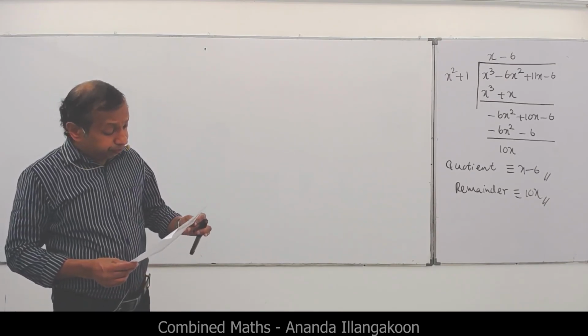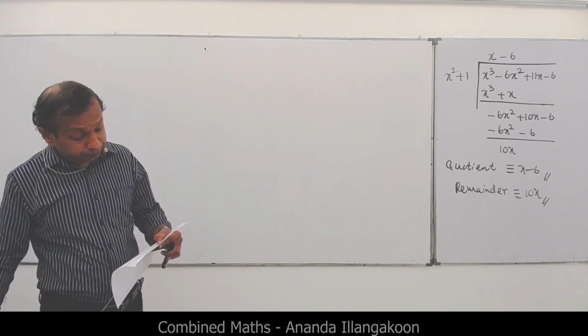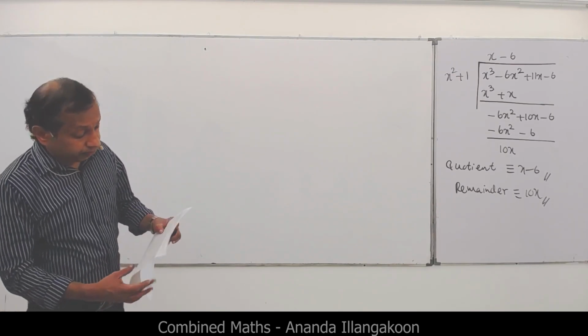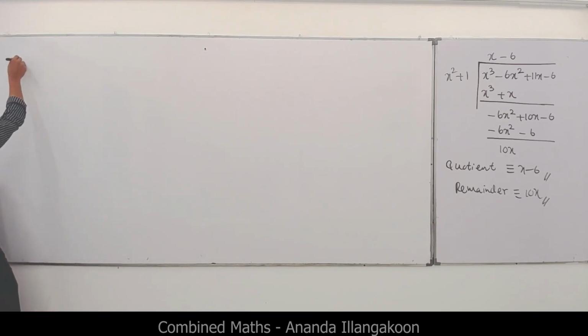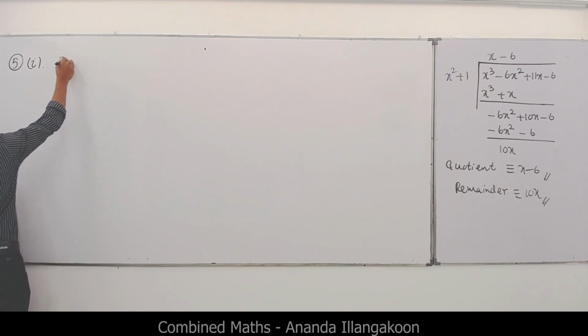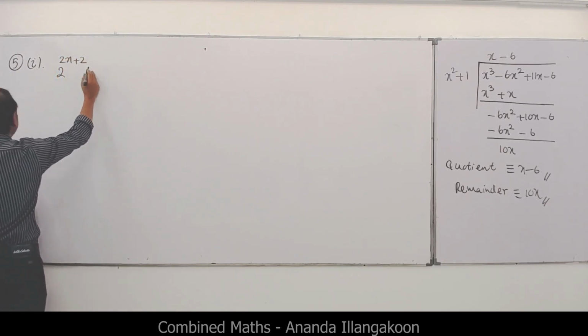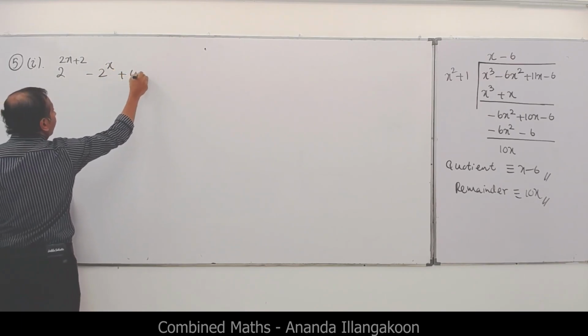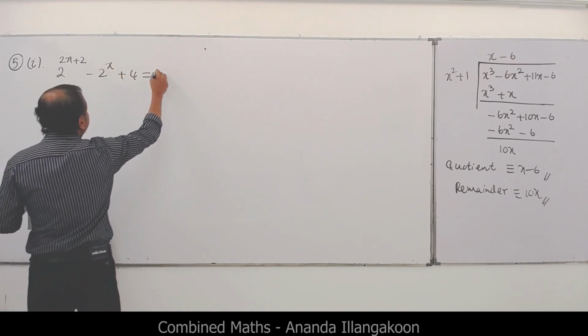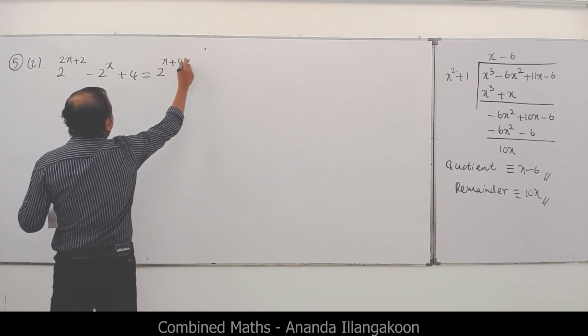It says, using a suitable substitution, solve this equation: 2 to the power 2x plus 2 minus 2 to the power x plus 4 is equal to 2 to the power x plus 4.